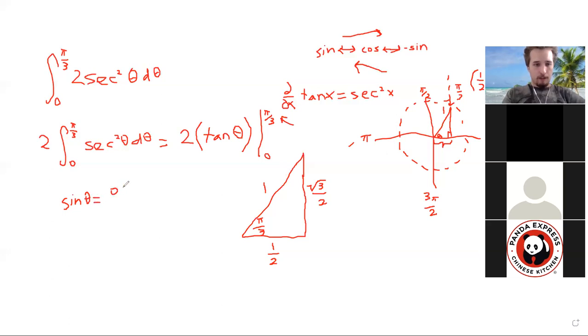Sine is opposite over hypotenuse. The reason why the unit circle works so well is the hypotenuse is always 1. And so we just take the opposite, which is our y value, and we get an answer of square root of 3 over 2.